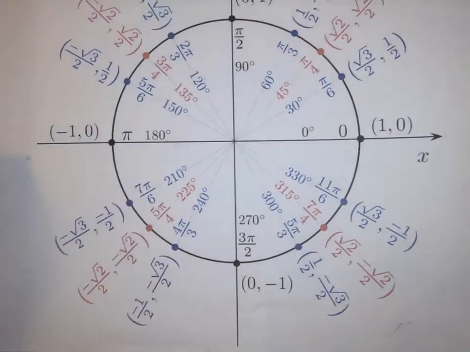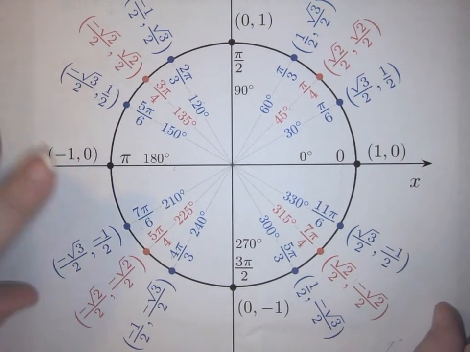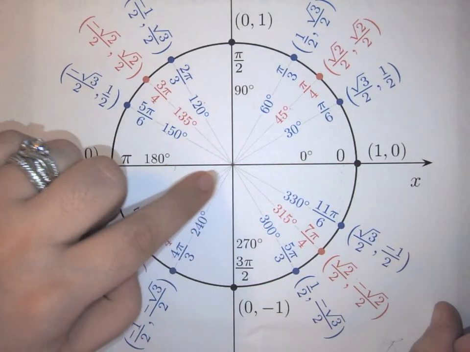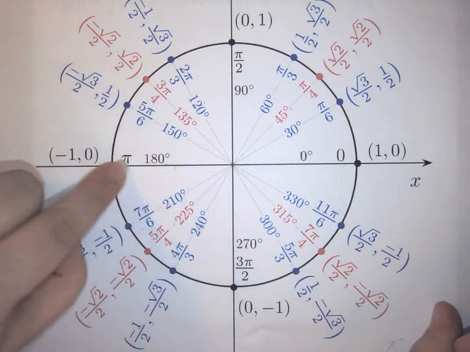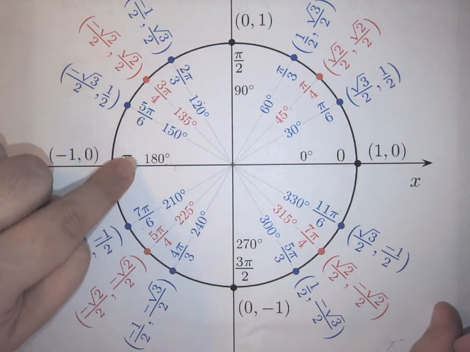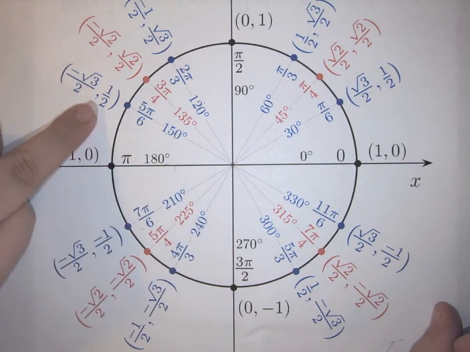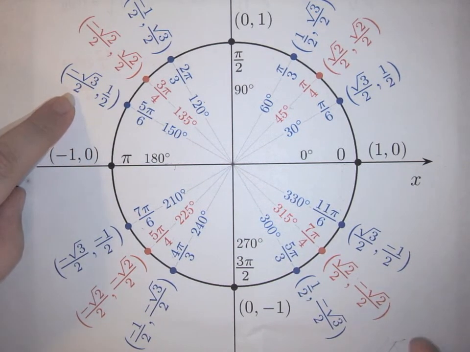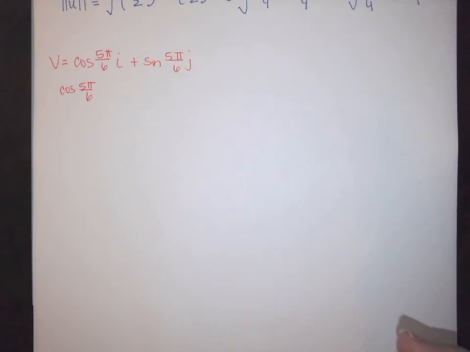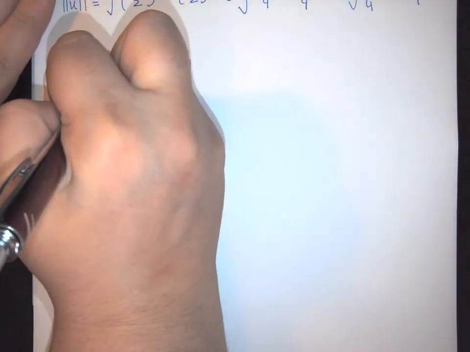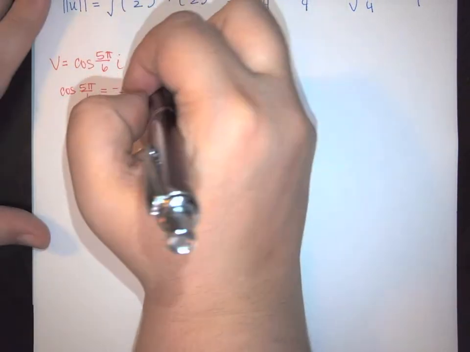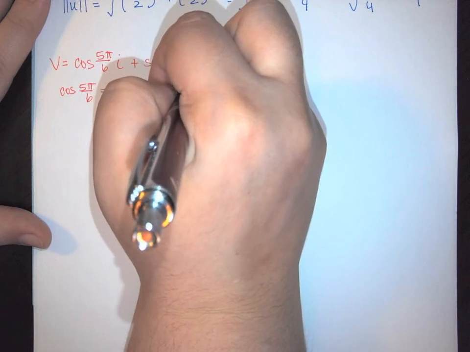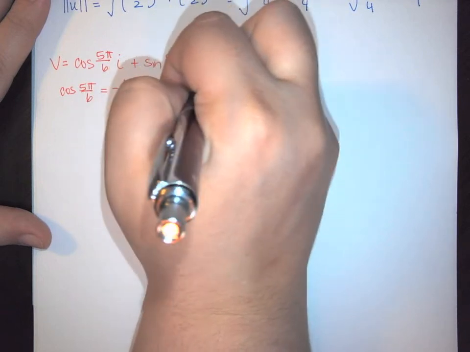I want 5 pi over 6, which we can find right here. The cosine is going to be the x value, so you can notice here that I've got a very small y value, I've got a large x value, but I've also got my coordinate points here. So this one is going to be negative square root 3 over 2. So the cosine of 5 pi over 6 is going to be negative square root of 3 over 2. And then the sine of 5 pi over 6 is going to be 1/2.